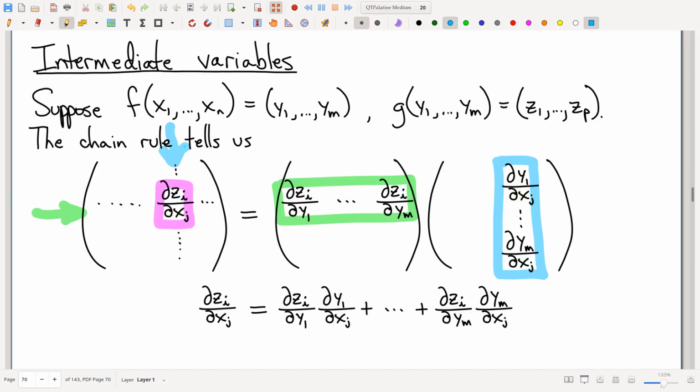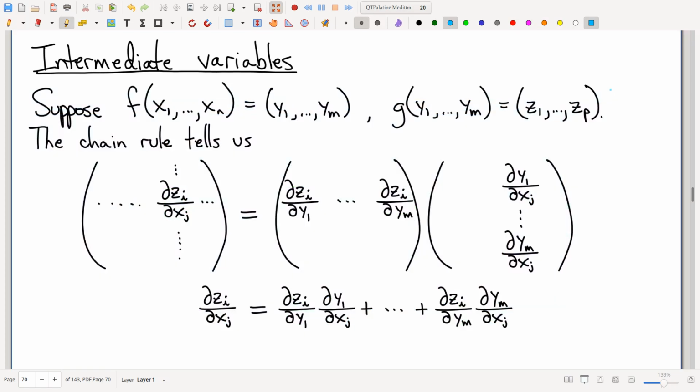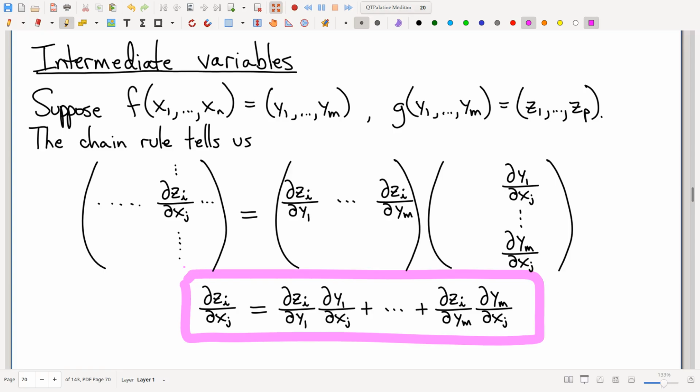And when you multiply that out, you can straight up see the dot product happening here. You can see those factors on the left from that green row. And you can see these factors on the right from that blue column. And all together you get a new form of the chain rule, what you might call a coordinate form of the chain rule.